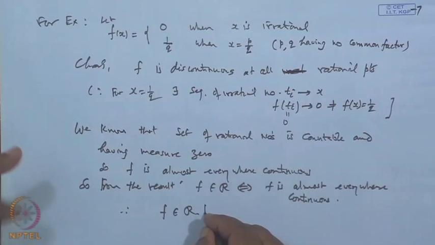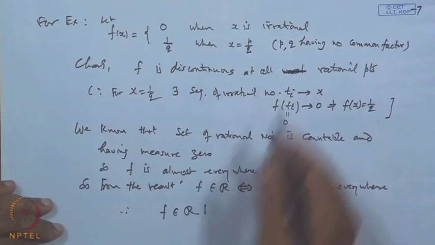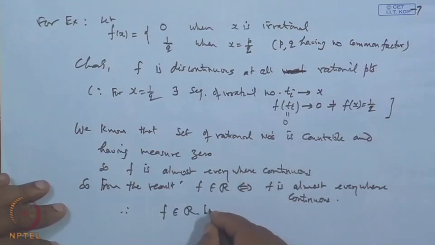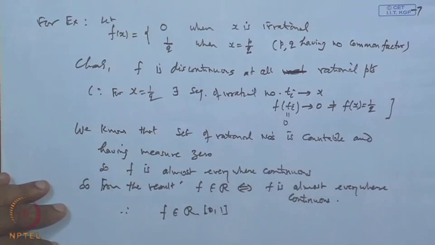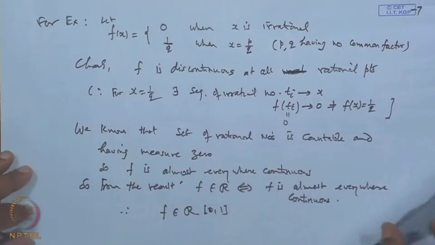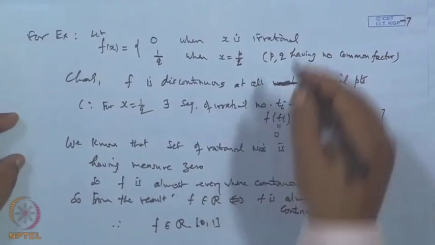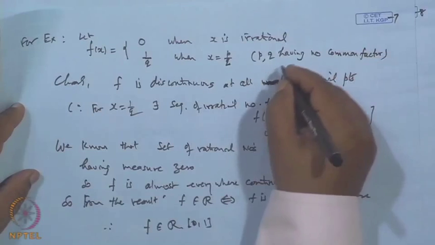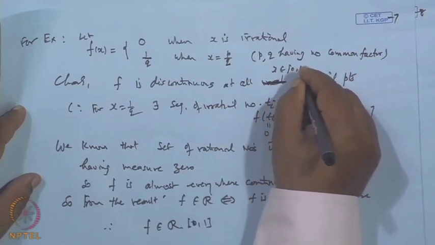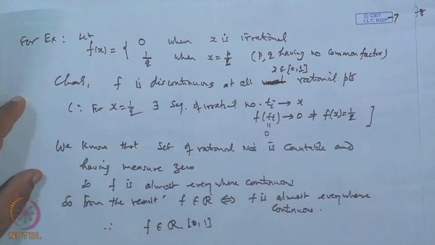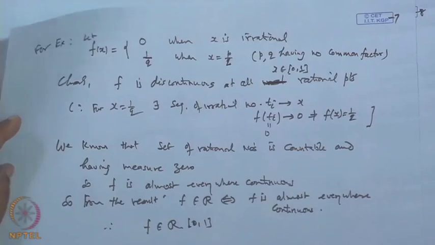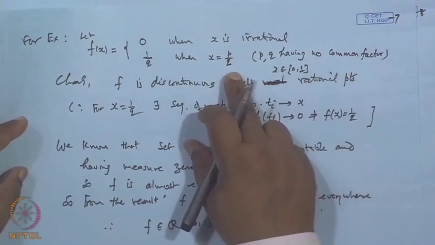Say I am choosing the interval [0, 1], no problem. Let us take x belonging to the interval [0, 1], x = p/q, q is not 0 of course, otherwise it will be a problem.